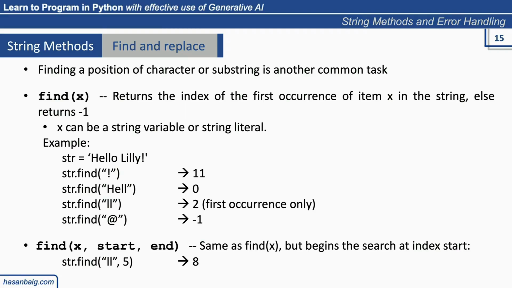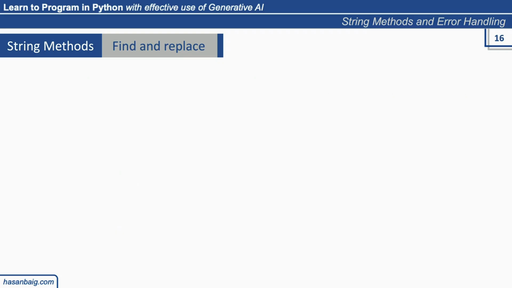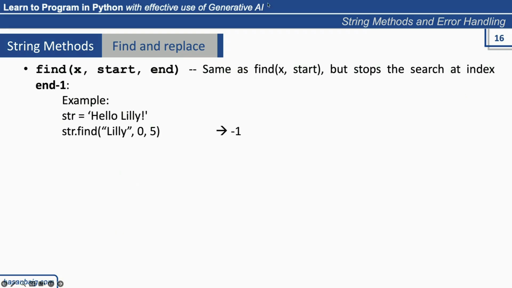So it will return -1. I have a different example here. Like I'm looking for Lily in this one. When you look at something like this in the exam, you will see, oh, Lily is present there. However, I'm searching for Lily within this range, 0 to 5. So there is no Lily between this range of indexes. So it will return -1. Okay?